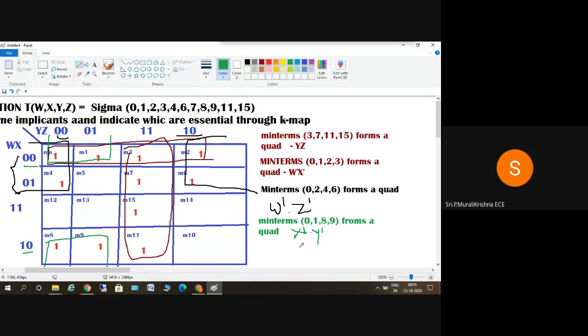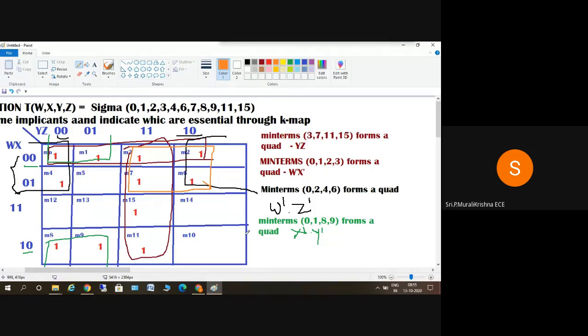Generally, what I told you earlier, in case I form a quad like this: if I take this grouping, 2, 3 and 6, 7, then it will not come under essential.